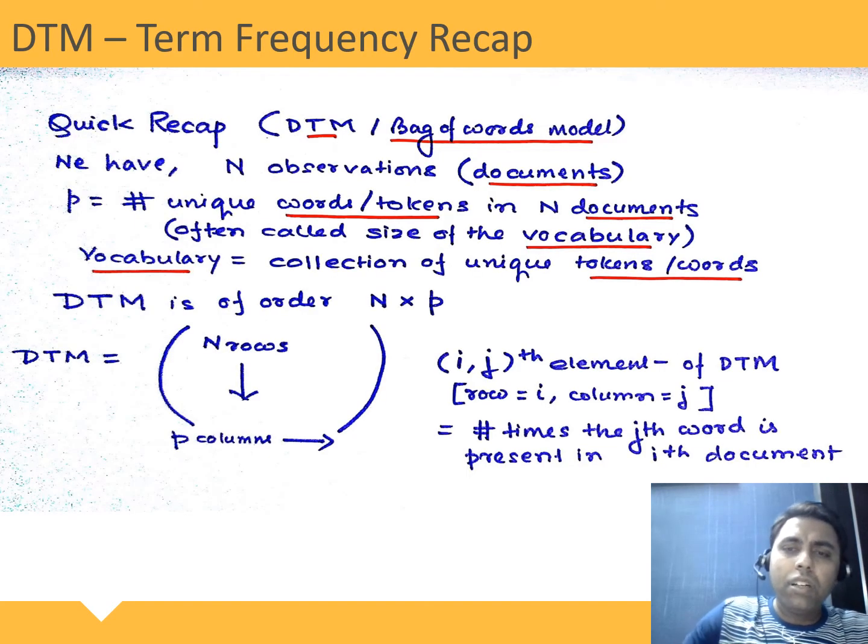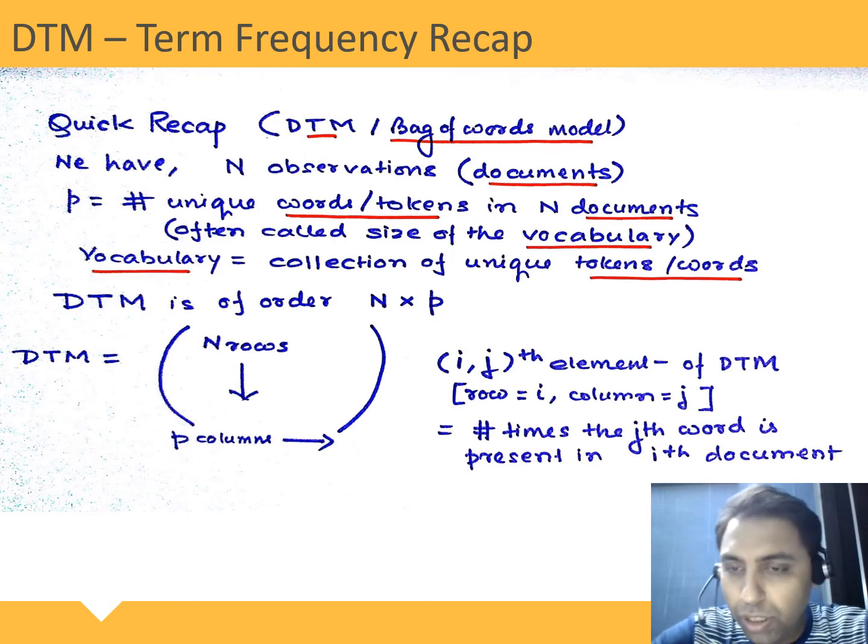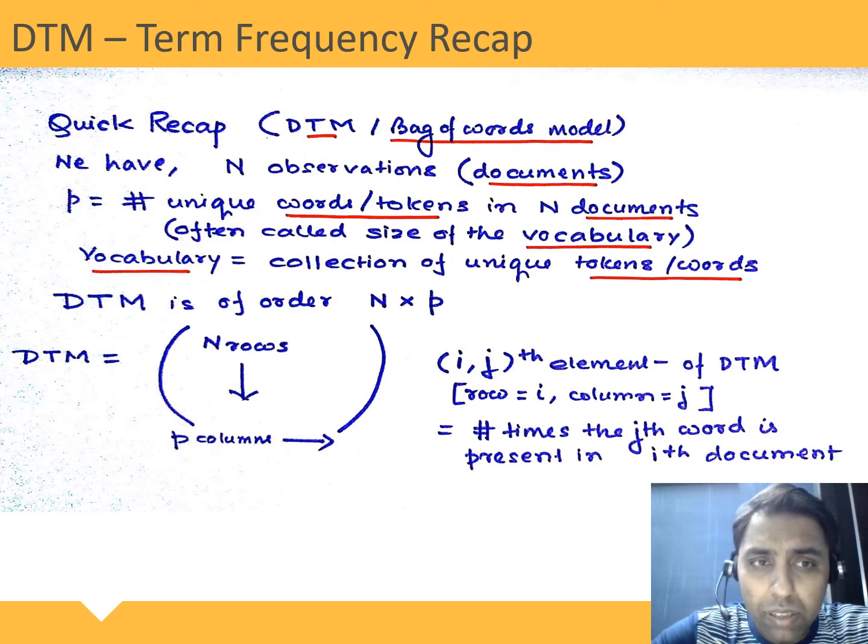We will do a very quick recap of the document term matrix and the bag of words model, like we do in most of the videos. So we have a data set which has, let's say, n observations, which we will call documents, and there are p unique words or tokens in all of those documents taken together.